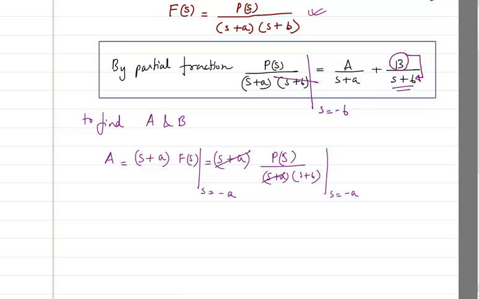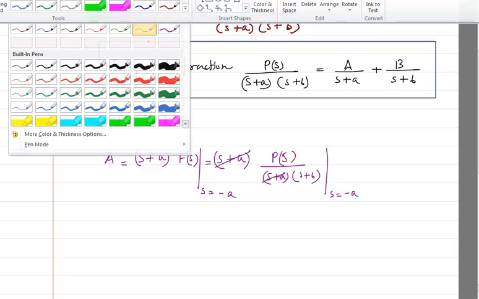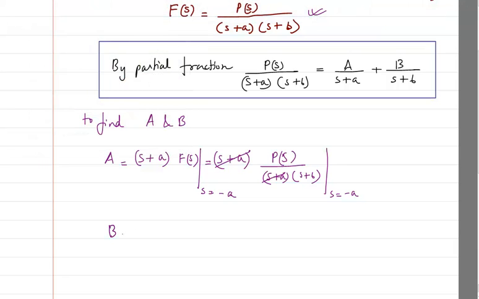So that is a simple technique. Let me write it very neatly so that you are able to write it in your notebook. If you want to find out A, this is the formula for finding out A. Similarly, if you want to find out B, you multiply with s plus b, which is the denominator of B, into F of s, and substitute s equal to minus b.